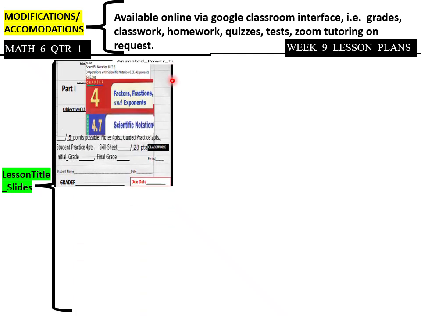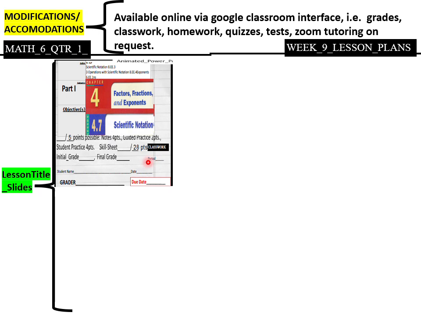And then we start off here with Part 1, 4.7 classwork, and that is using 8.EE.3, operations with scientific notation, 8.EE.4 exponents, and then the 6.EE.1 and 6.NS, and this is for factors, fractions, and exponents.